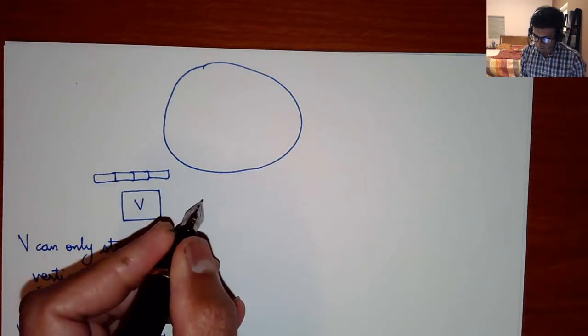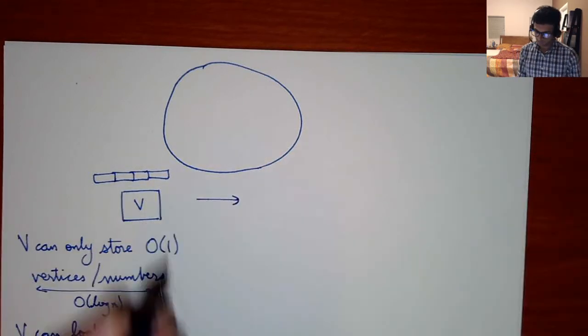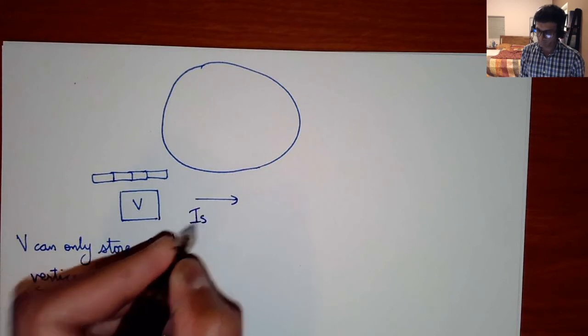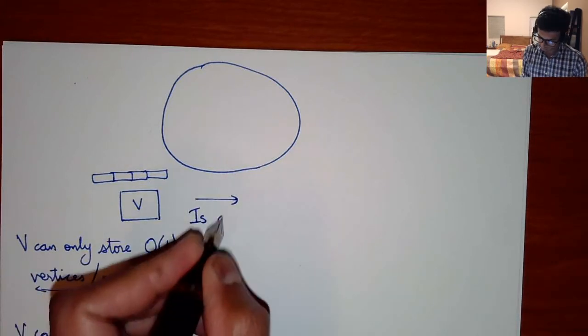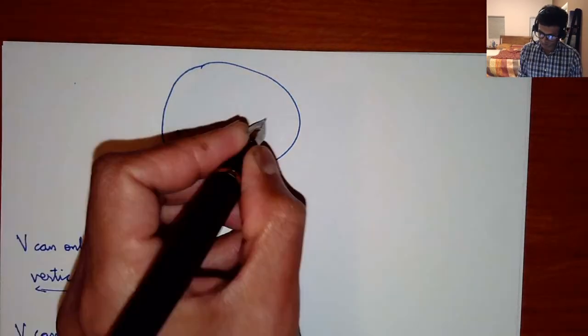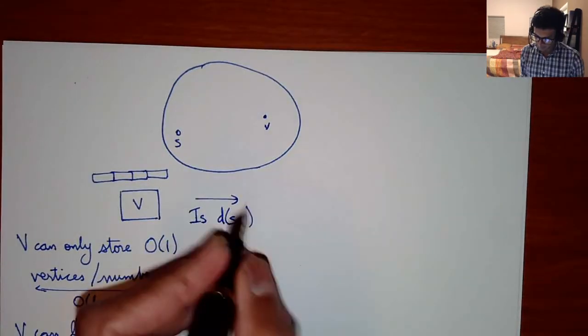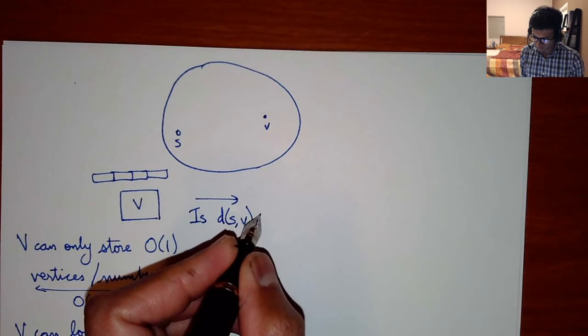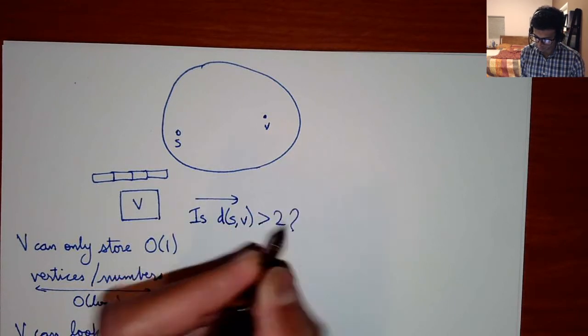And so the verifier is asking, is D of SV, so there's S and here's V, is D of SV greater than 2?